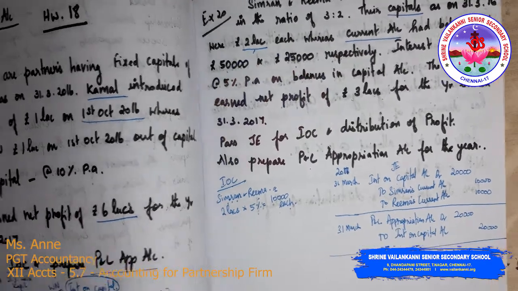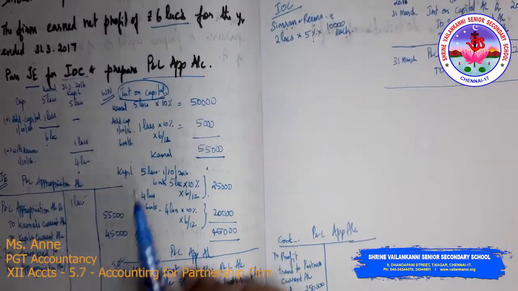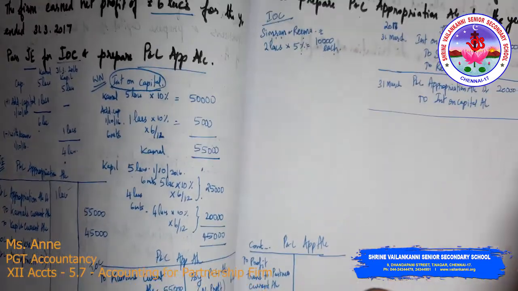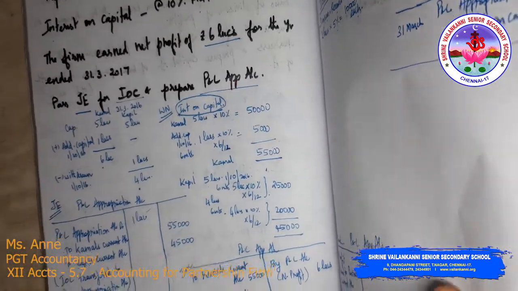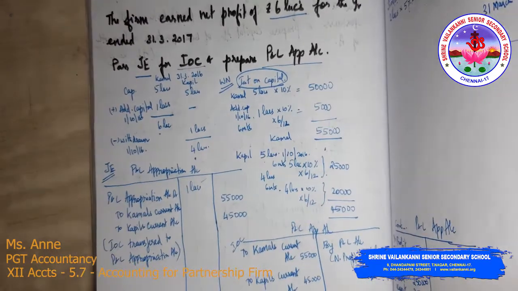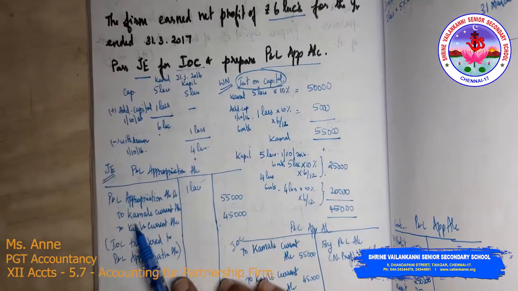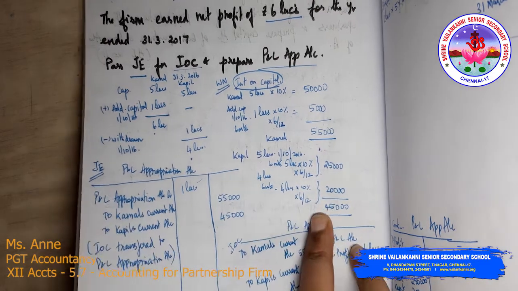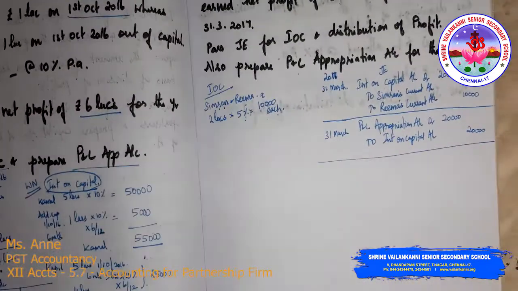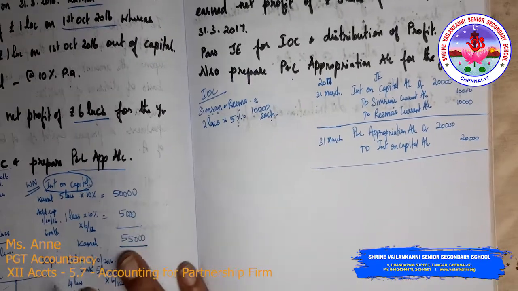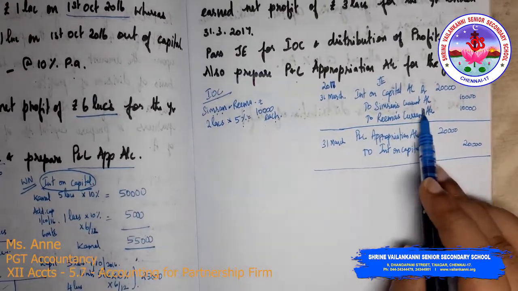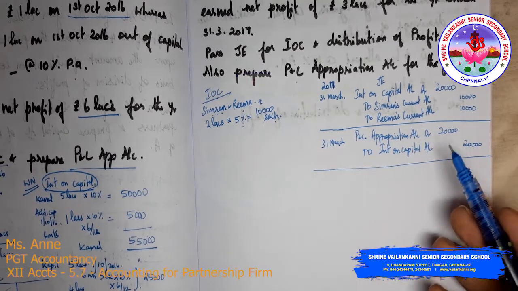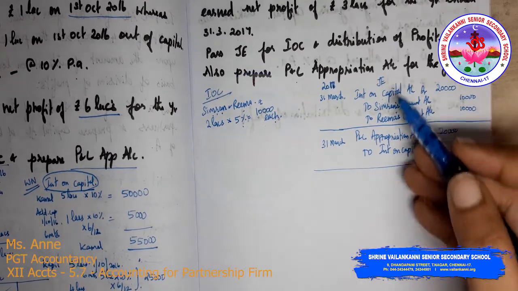So we can show the entry directly as like this, P&L appropriation account debit to Kamal's current account to Kapil's current account. You can see, I guess, right? Similarly, in this problem, we can show directly as P&L appropriation account debit to Simran's current account to Reema's current account. Like this also we can show, but the full-fledged journal entry is this.